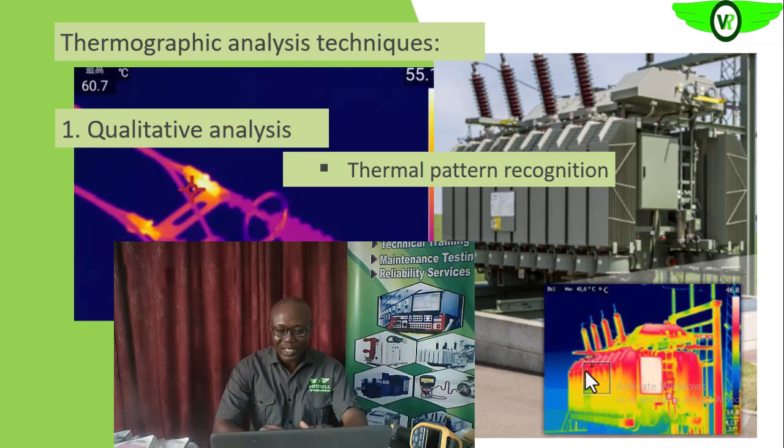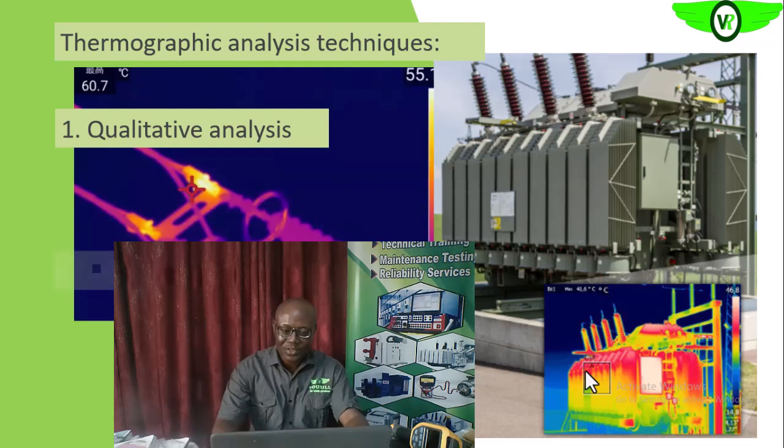So once you recognize that, anything outside that becomes an abnormal thermogram. So that pattern you recognize.